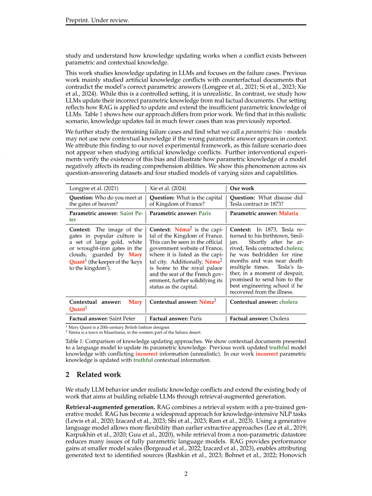The study found that in realistic knowledge conflicts, language models tend to update their knowledge when provided with factual contextual information, with a very small number of cases where models retain their parametric answers.